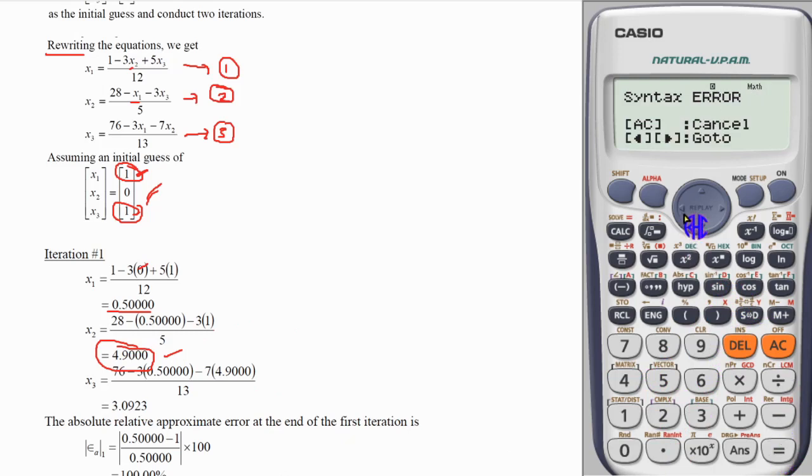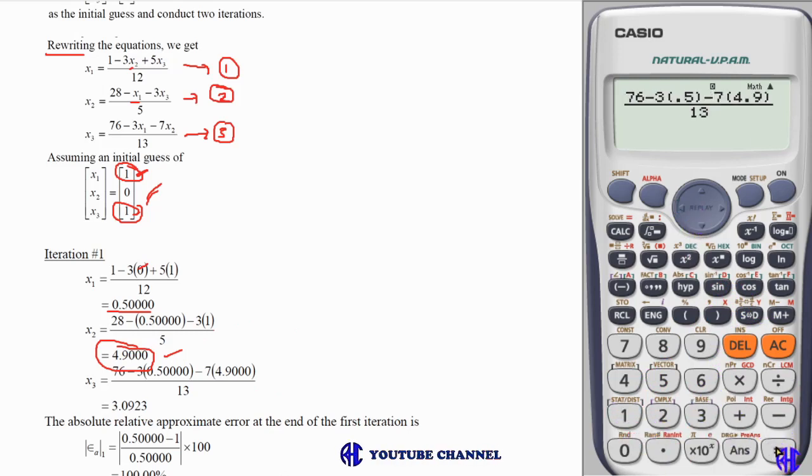Then equals. Yung denominator natin, 13. That is 3.0923. So, let's say, 4 decimal places yung gamitin natin. So, mapapansin ninyo, x sub 3 is equals sa 3.0923.